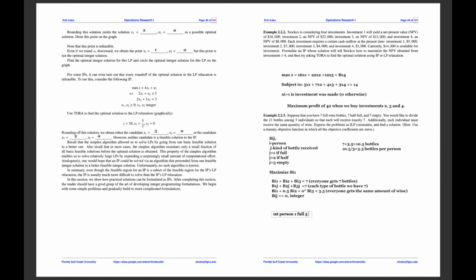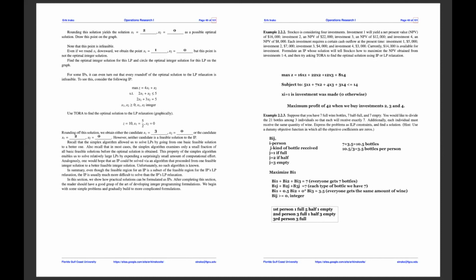And then the second and the third would get the same thing, which would be 3 full bottles each, 1 half bottle each, and 3 empty bottles each. So let me just type this in, and then we'll double check if everybody got the same thing. If we look at the first person, he got a total of 7 bottles, and 1 plus 5 times a half is 3.5 total.